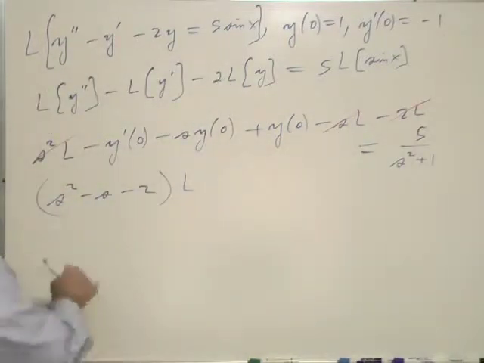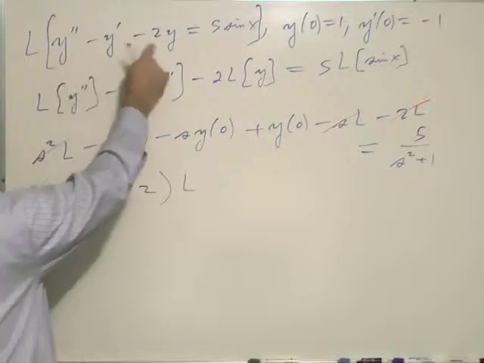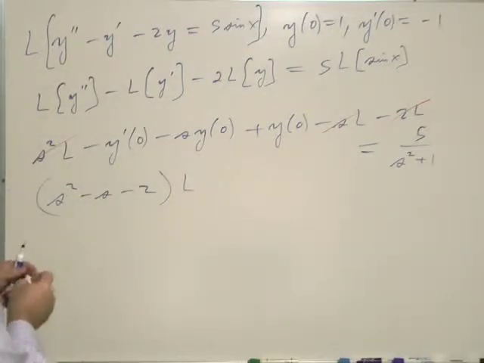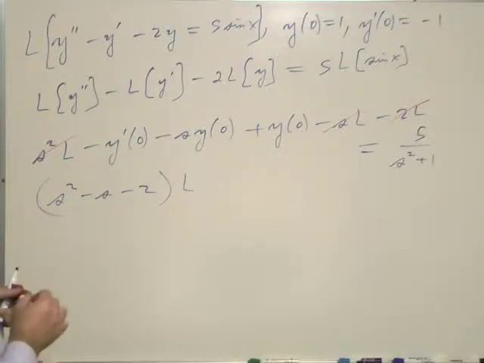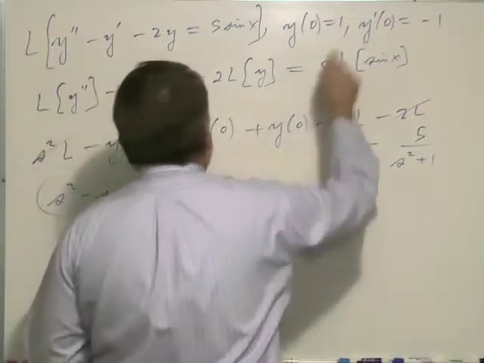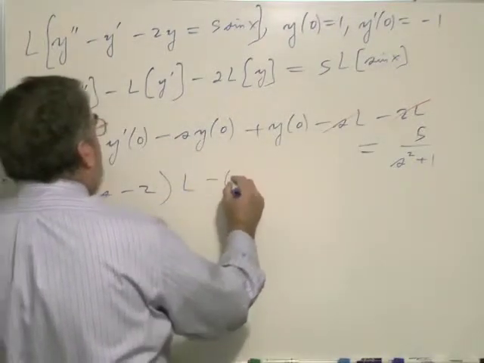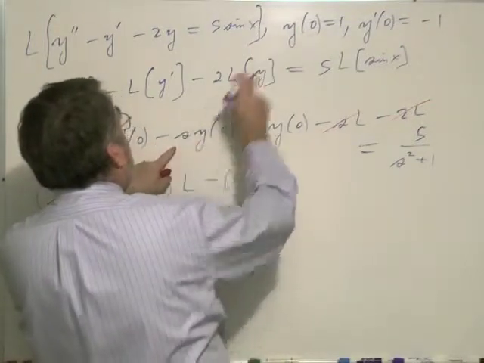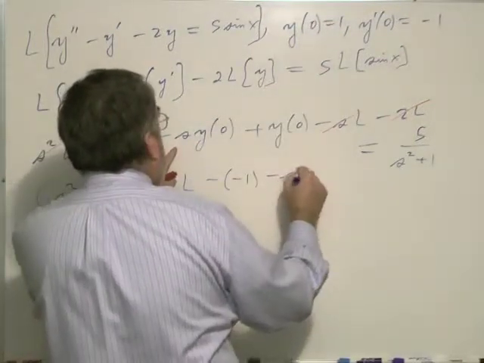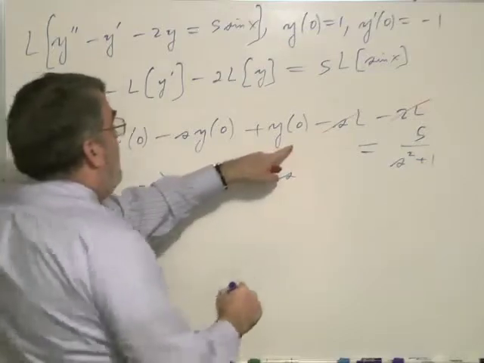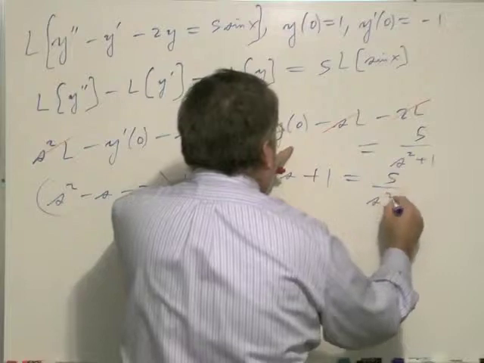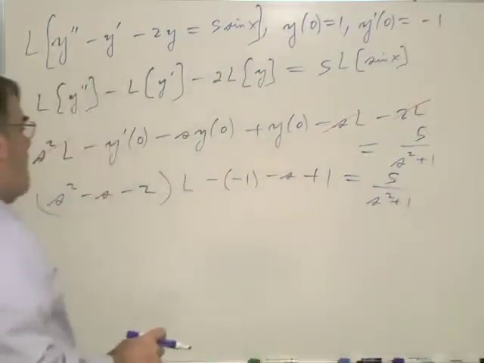You'll notice that s squared minus s minus 2 really comes from the characteristic equation of the differential equation. I don't think that's a coincidence. Minus y prime at 0, that's negative 1, so it's minus negative 1, plus minus s times y at 0, minus s times 1, plus 1 equals 5 over s squared plus 1.